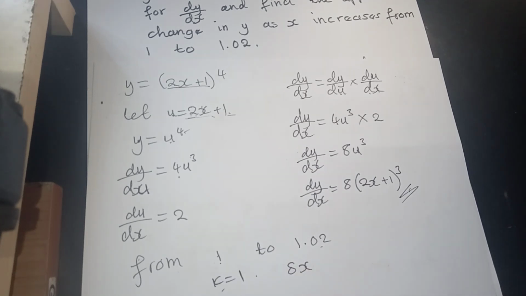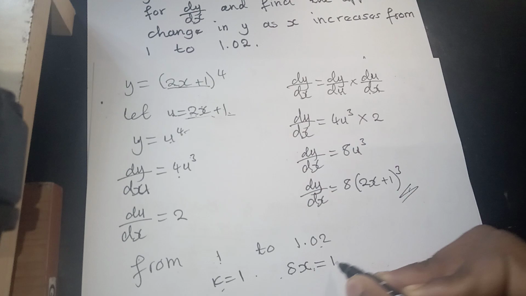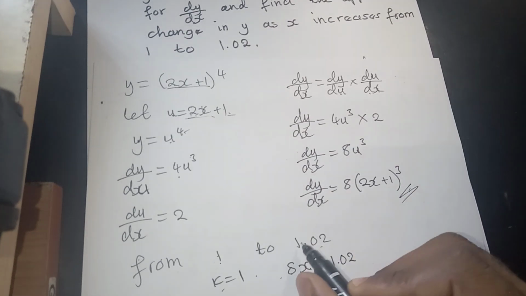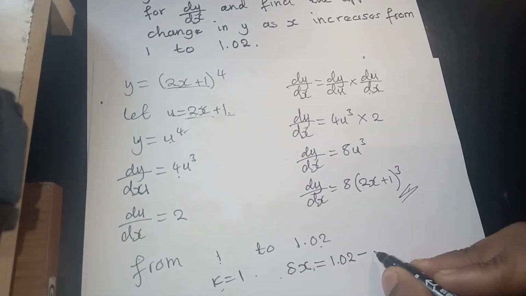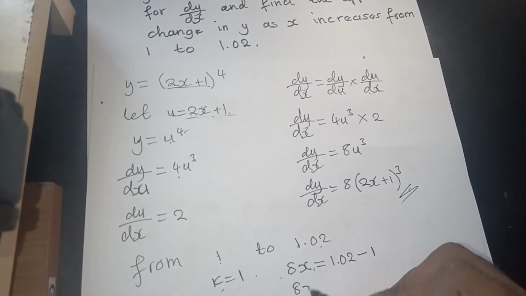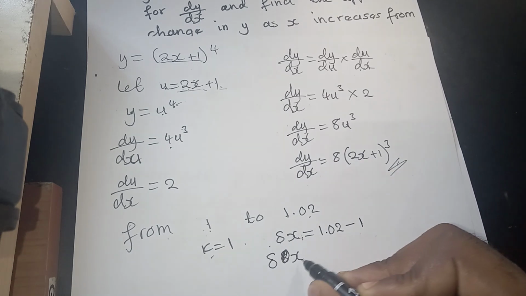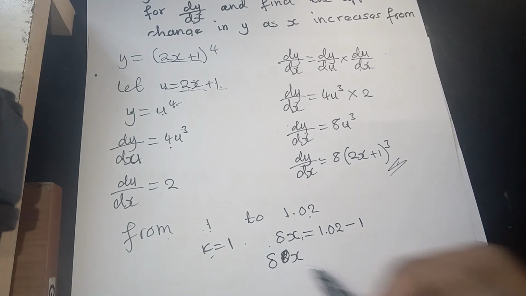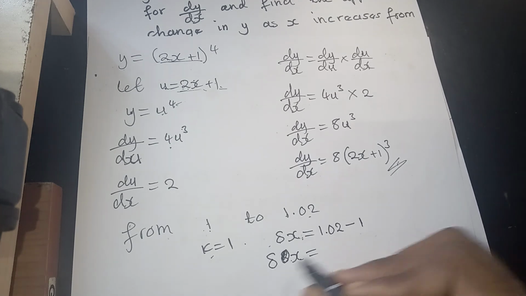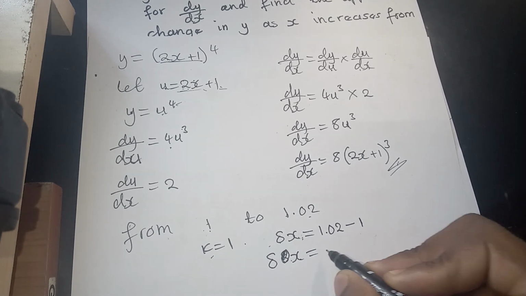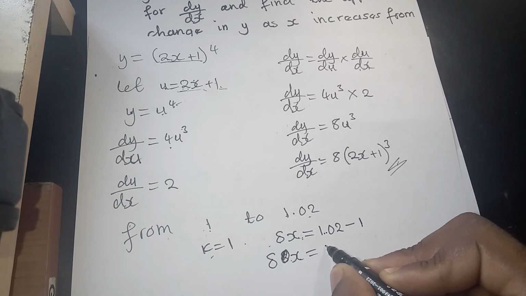So k is equal to 1, and then the small increment in x, or the change in x, is given by the final value of x minus the initial value of x. So this is not an 8, by the way, like this.